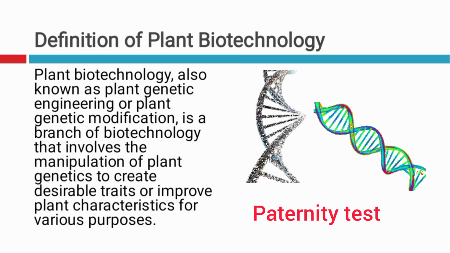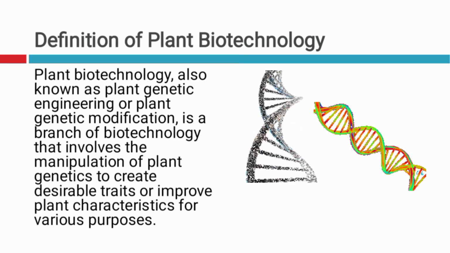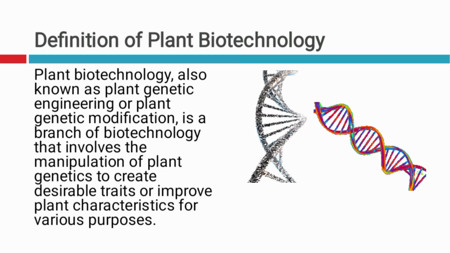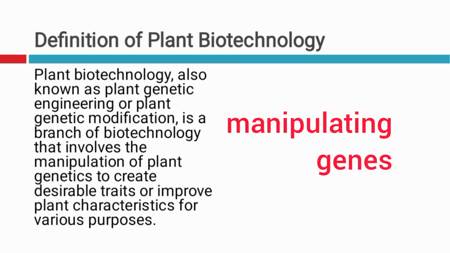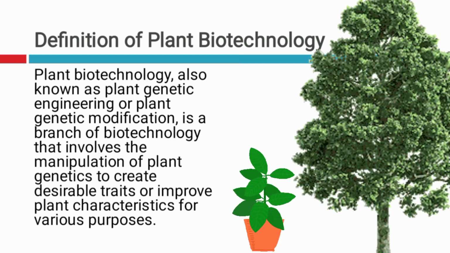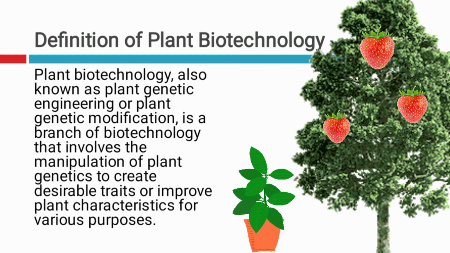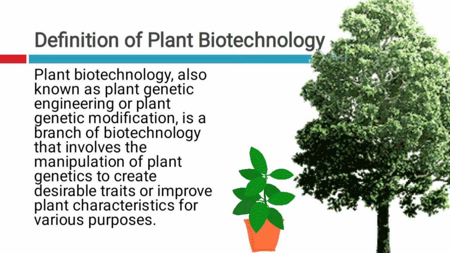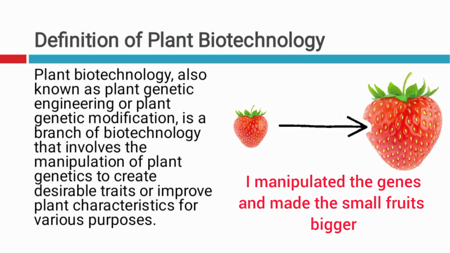I'm sure you've heard about DNA during paternity tests. So if plants are living organisms too, it means that they have DNA. And so when we say plant engineering, we are just manipulating the contents in the DNA of the plants to produce what we want. For example, if I want the fruits from the plant to be very, very big and sweet, I will manipulate the DNA to produce that kind of result for me.